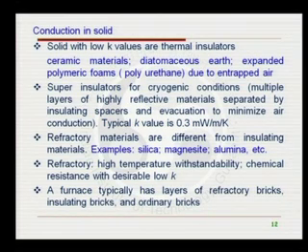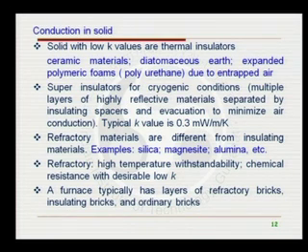In some cases, super insulators are placed, particularly for cryogenic conditions where we have to take due measures against the loss of thermal energy. In that case, multiple layers of highly reflective materials separated by insulating spacers are placed, and the whole system is evacuated.